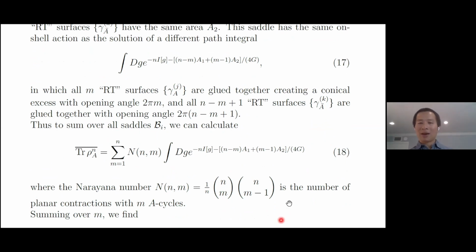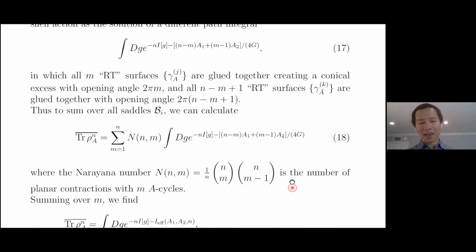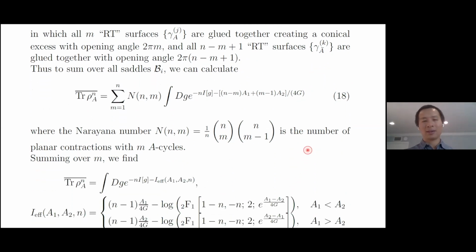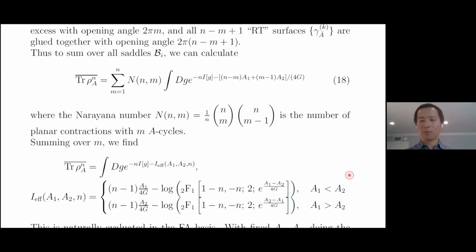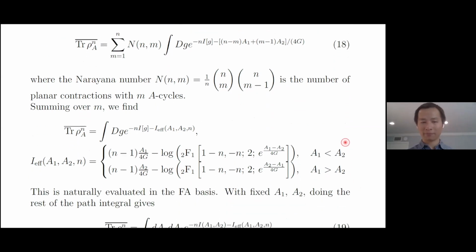The nice thing about this is that the sum over m can be done explicitly, and we arrive at the path integral with this kind of effective action, where the effective action is given in terms of an area term plus a log of a hypergeometric function, depending on whether A1 or A2 is smaller.